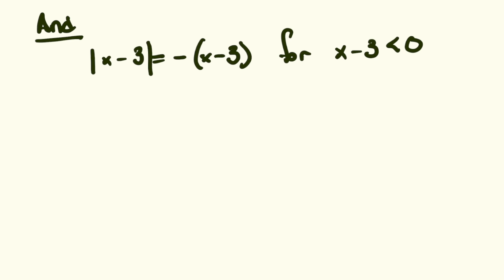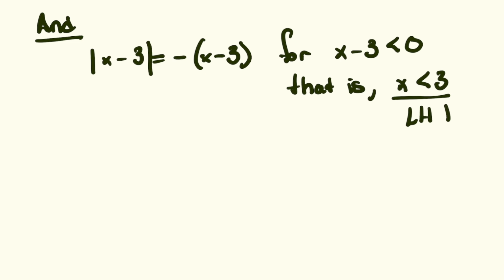We know we put a negative sign in front of everything. Notice I put the parentheses in there because that negative sign will be distributed whenever the element that we're plugging in ends up being negative. And again, let's do it. That is x is less than 3. So this tells us we are coming from the left-hand limit in this situation.